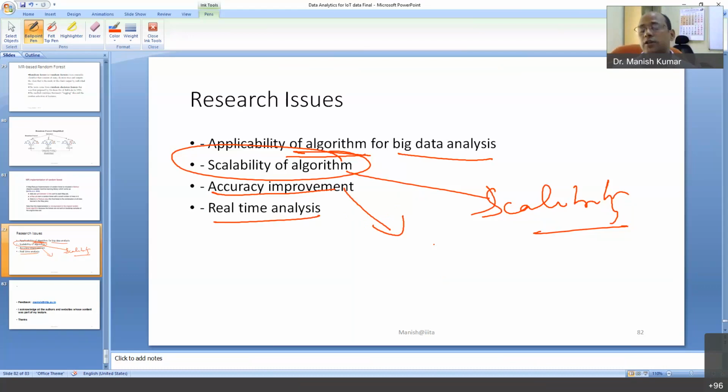Real-time analysis is another: these days we are working on real-time data streaming, and we are also looking at analyzing such data on the fly. That is a very important area of research, which concerns the compatibility, applicability, and scalability of the algorithms. These are areas you can always explore for research.